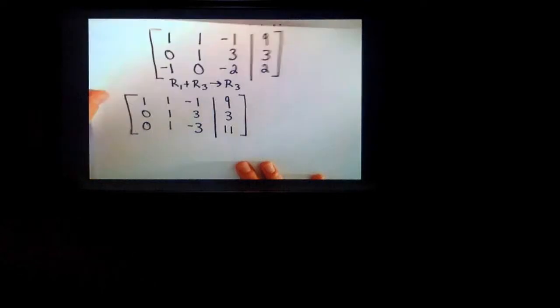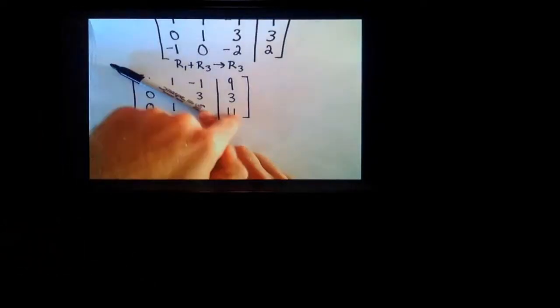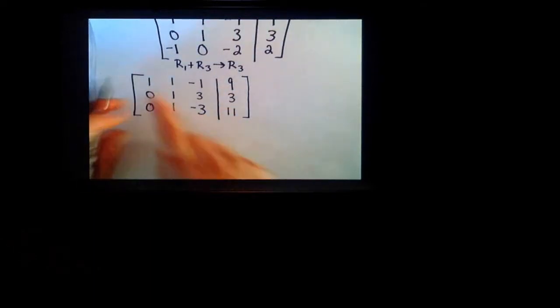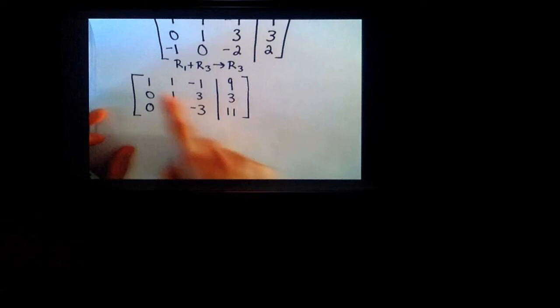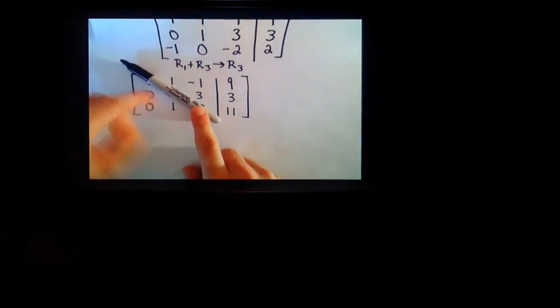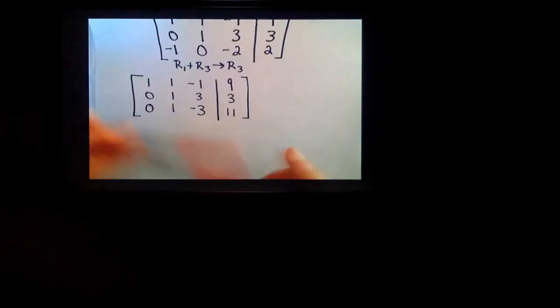Okay, so again, we want 1s along the diagonal, again forgetting about the column with the constants. Well, we do have a 1 in our second row, second column, so that's good. We said we wanted to get zeros everywhere below that diagonal. Everywhere below that diagonal. So I need to change the entry in the third row, second column.